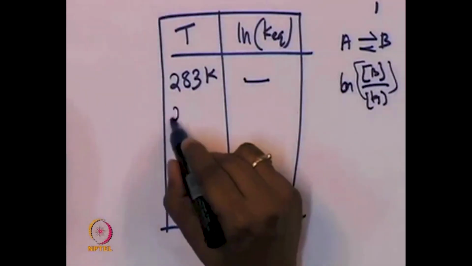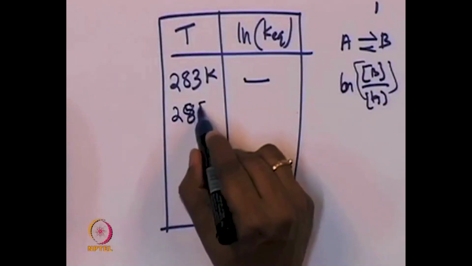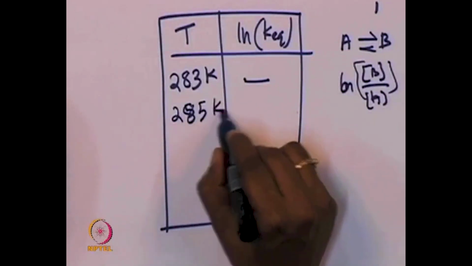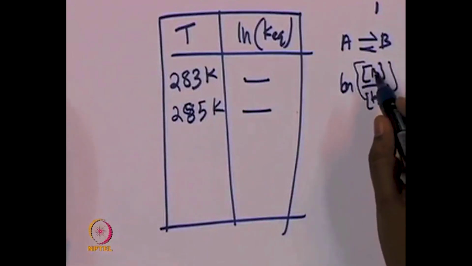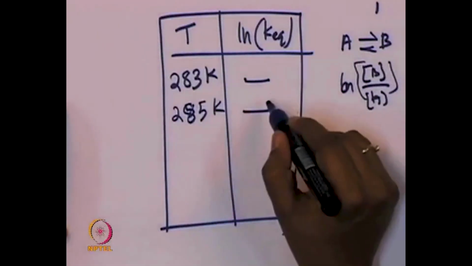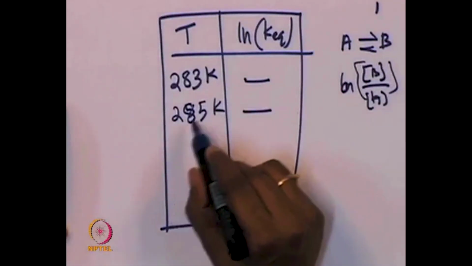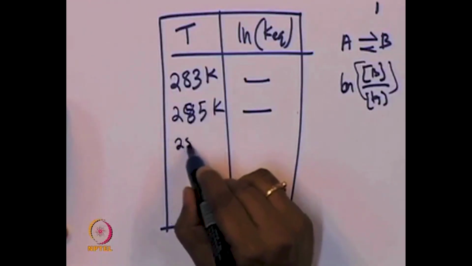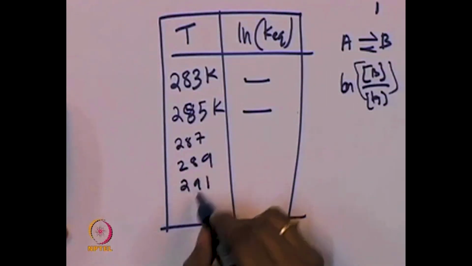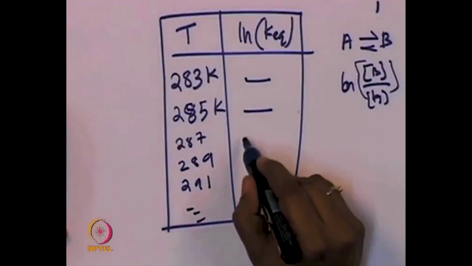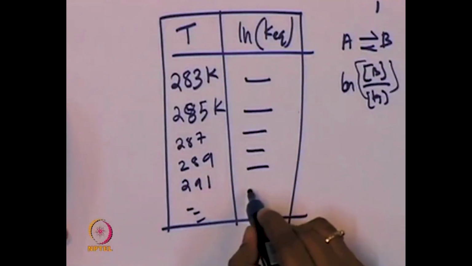Now, let us say you do it at 285 Kelvin. You calculate the ratio, again do the experiment, know the concentrations at equilibrium of B and A, and write down this number here. Like you can vary 287, 289, 291, and so on and so forth, up to 310, and calculate this value.